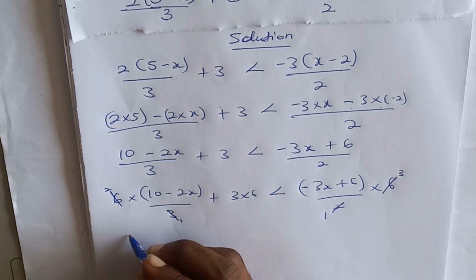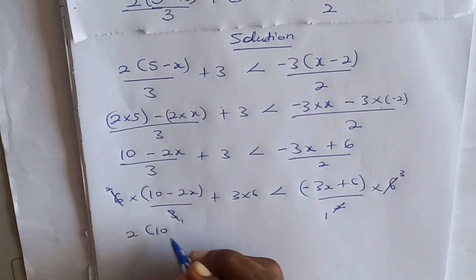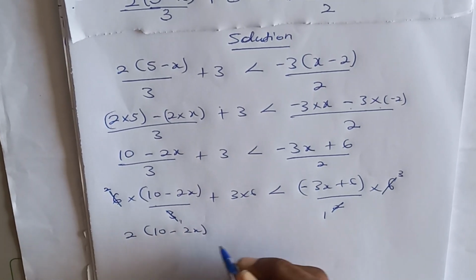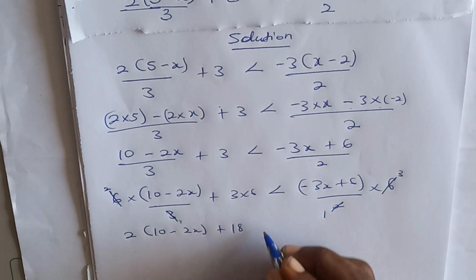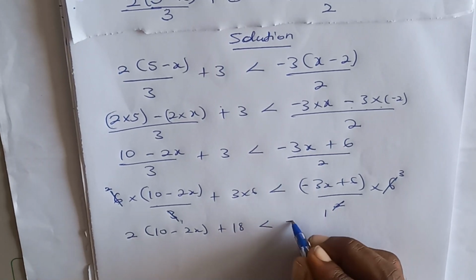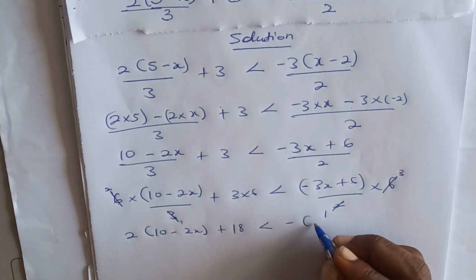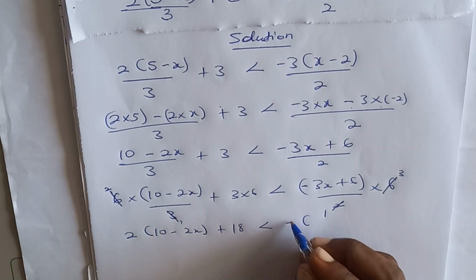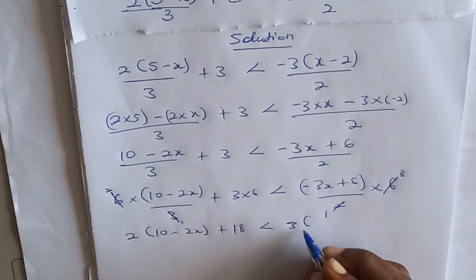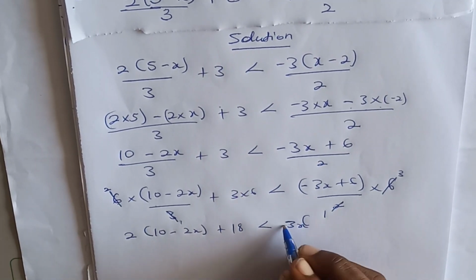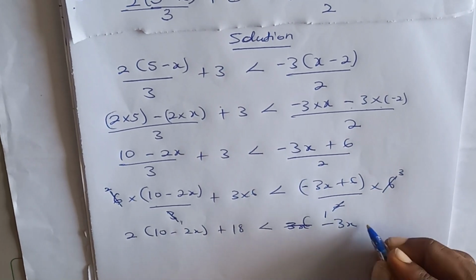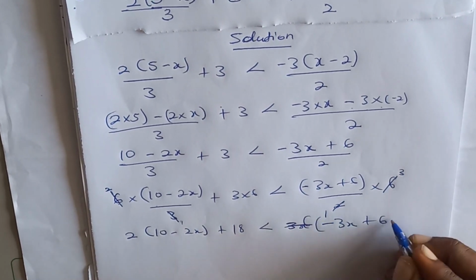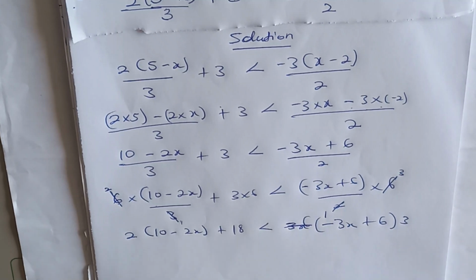So we are going to get 2 multiplying 10 minus 2x, plus 3 times 6, we are getting 18, less than bracket negative 3x plus 6 all into bracket multiplied by 3.